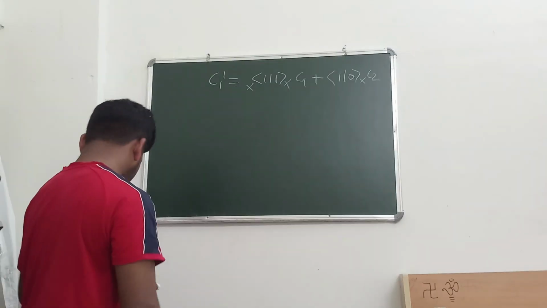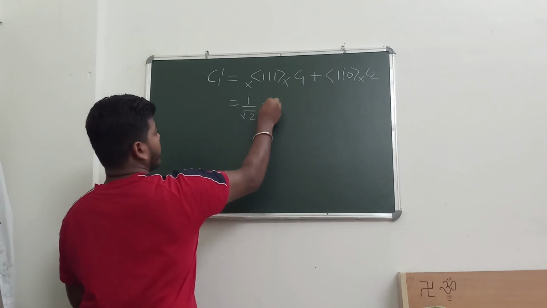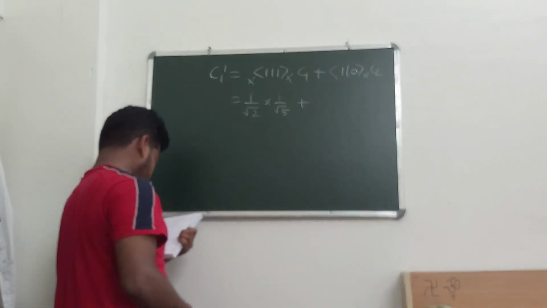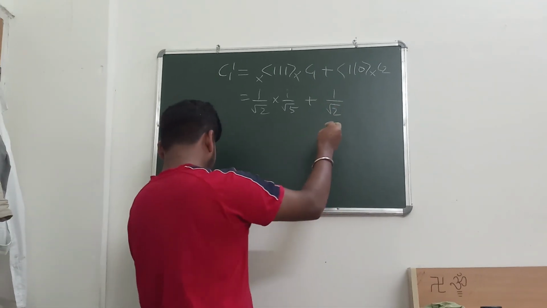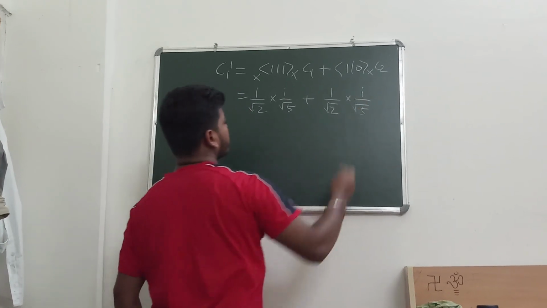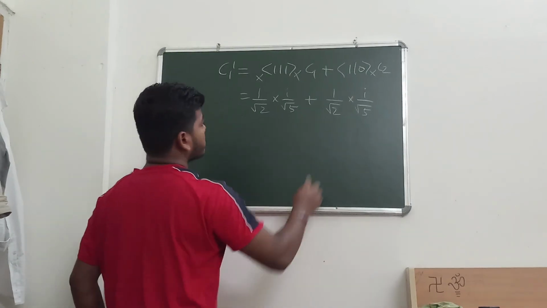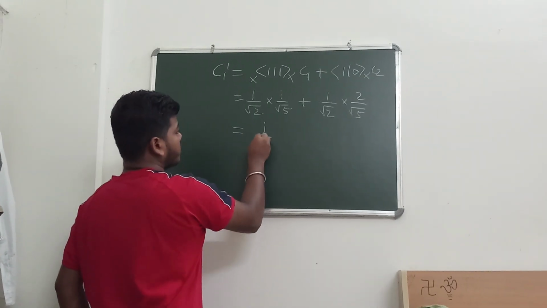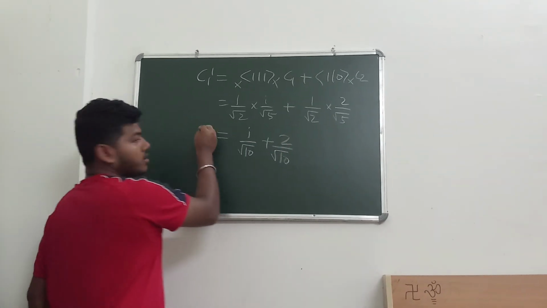So I can write this as 1 by root 2 into i by root 5 plus 1 by root 2 into 2 by root 5. This is root 2, and I can write it as i by root 10 plus 2 by root 10. This is our C1 prime.